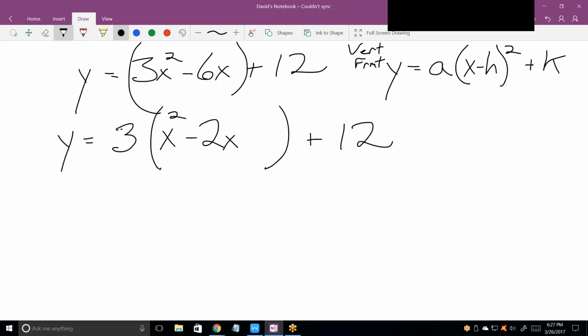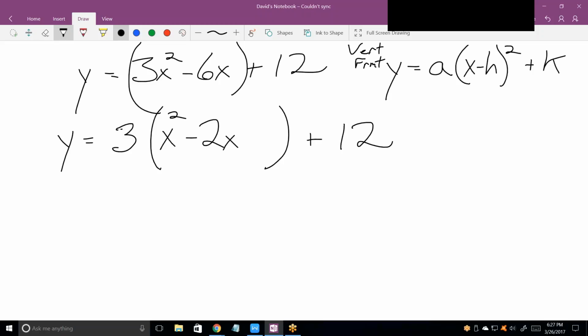Now, do you remember how to complete the square? How do I complete the square inside the parentheses only? I have no idea. I'm just blanking out.